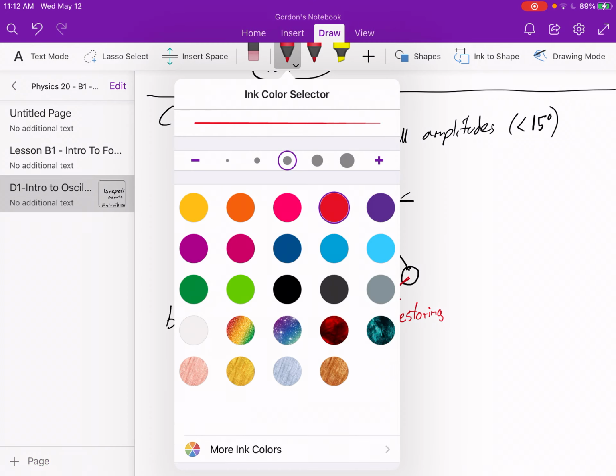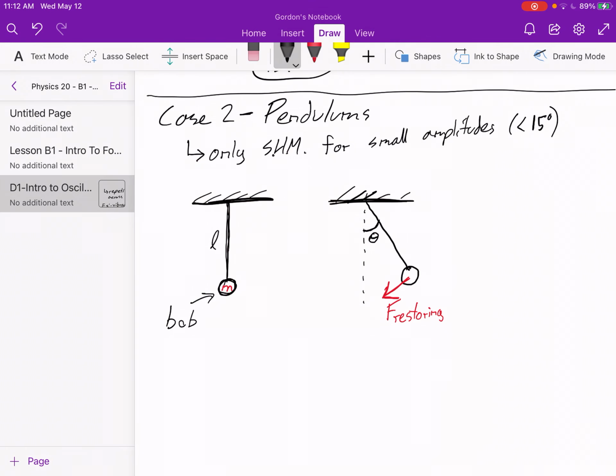So let's draw a free body diagram again of all the forces that are acting on this pendulum at this moment. Well, really, we've got a force of gravity, and we've got a force of tension.